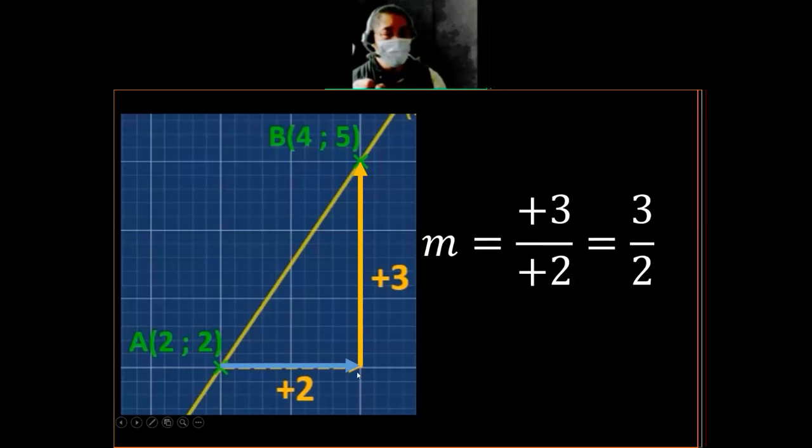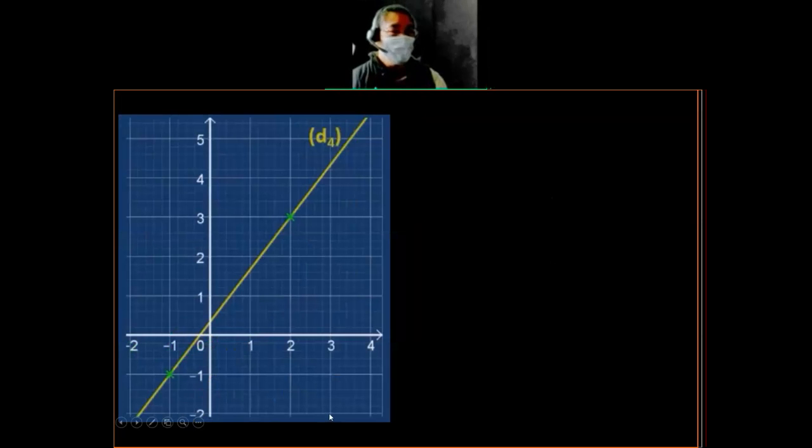So you go 2 units to the right and 3 units up. Because it's 3 units up, it's positive 3. And because it's to the right, in the same direction as your x positive axis, it's going to be a positive 2. Okay? All right, 2 points.